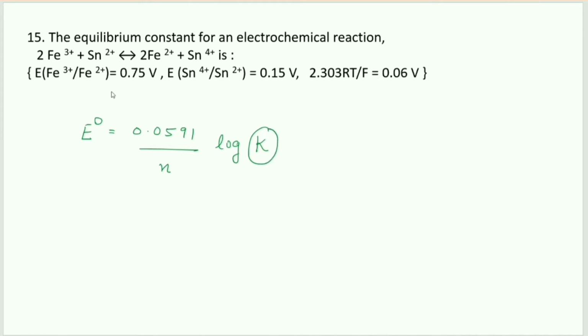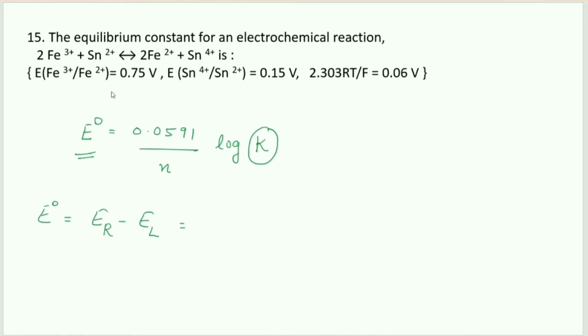So we have to find this K. First we have to find E0, the standard EMF. So what is standard EMF? E0 is E right minus E left, or E cathode minus E anode. So we have to find the cathode and anode. In the cathode the reduction reaction occurs, and in the anode the oxidation reaction occurs.